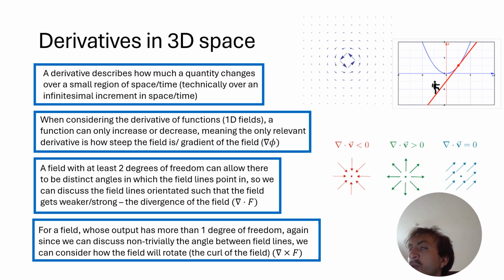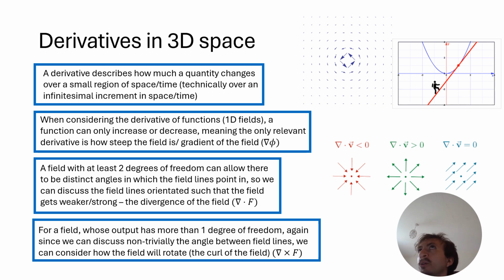The curl concerns the idea that the field lines might be orientated in such a way that they spiral, or if you like vortices start forming within the field as shown by the field lines. And when the field lines look like they're beginning to spiral, or consecutively beginning to form a curve, we say that the field has a curl because it's beginning to rotate.